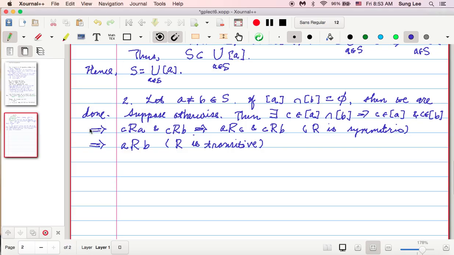So it won't hurt. But let me write that down first. So actually that implies the class of A equals the class of B.